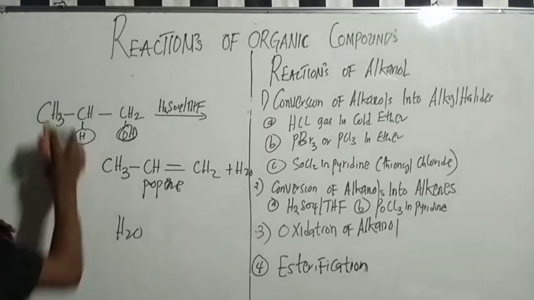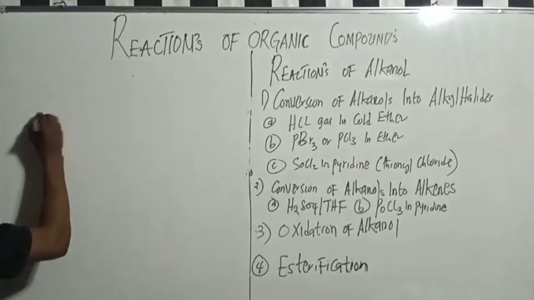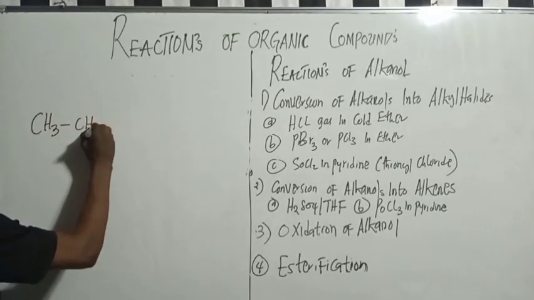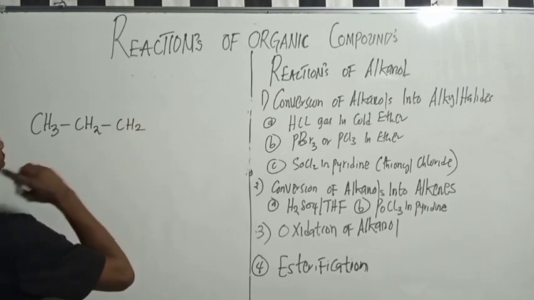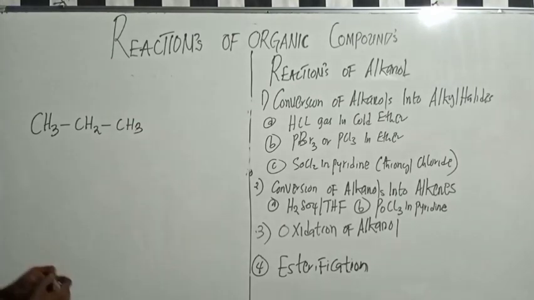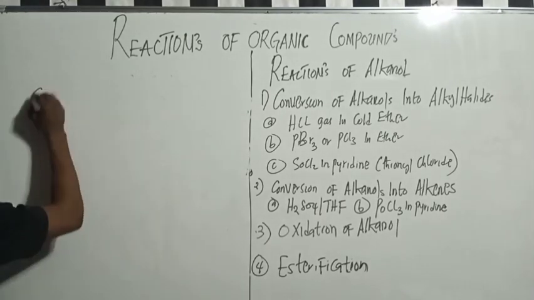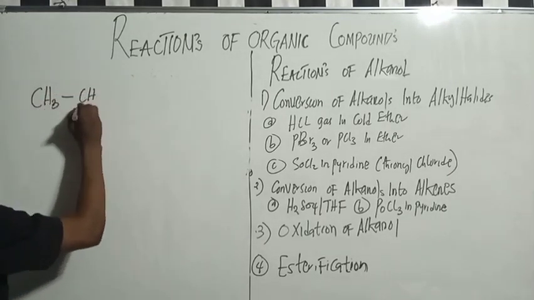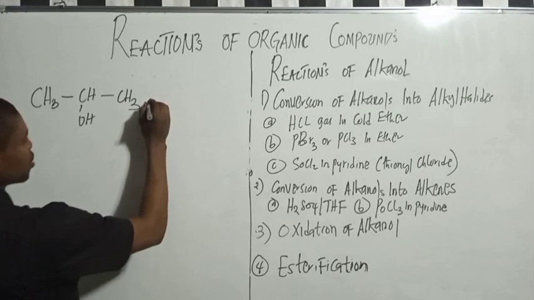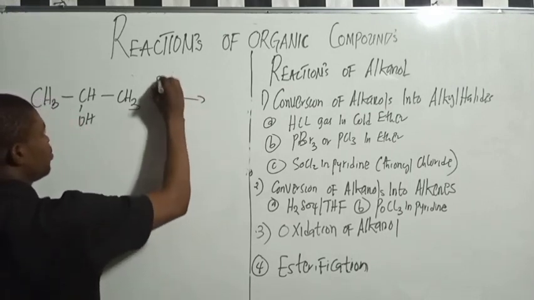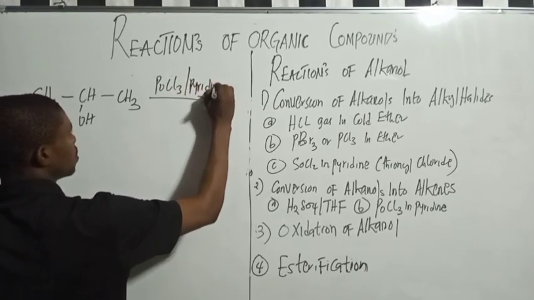So if I have something like this, CH3, CHOH, CH2, what will be the product of the reaction when it undergoes reaction with POCl3 in pyridine?